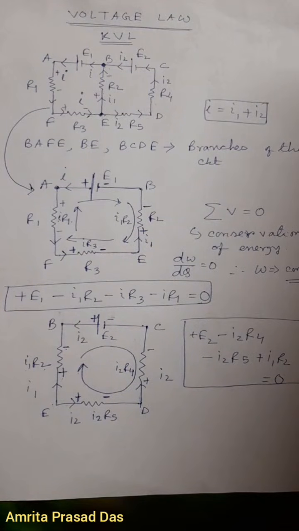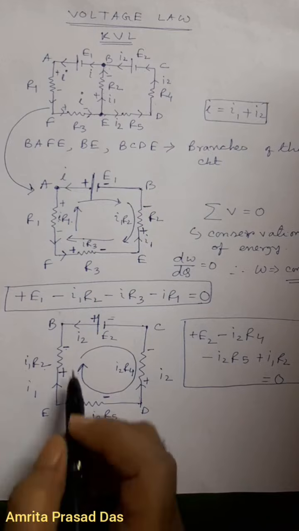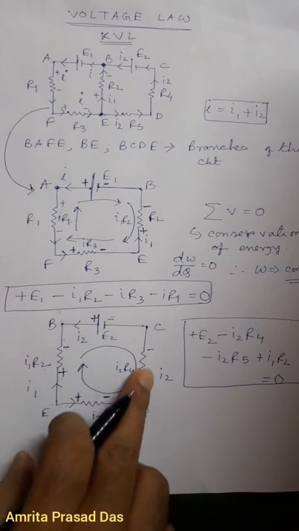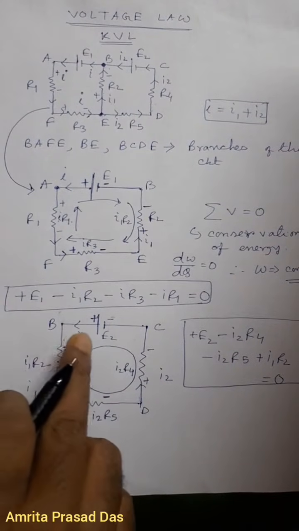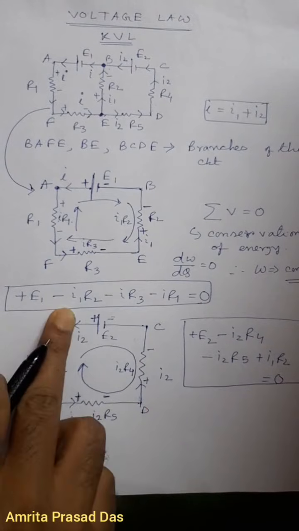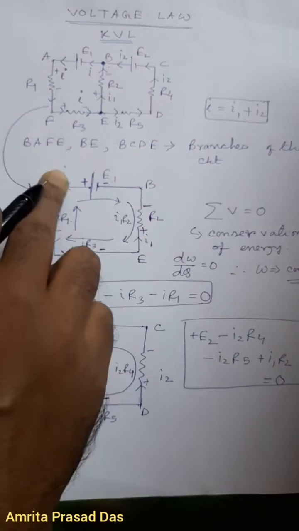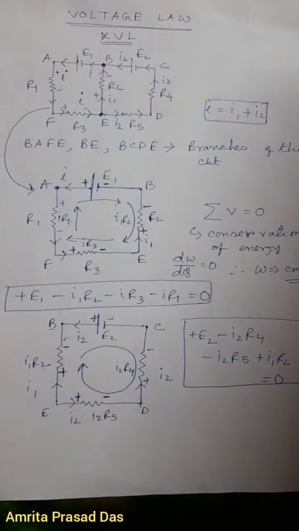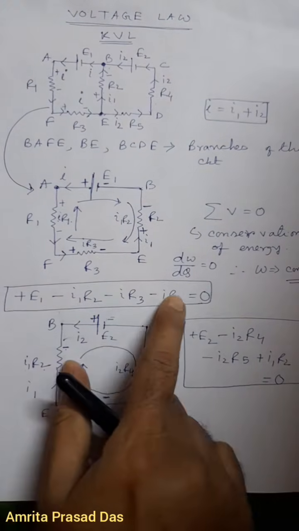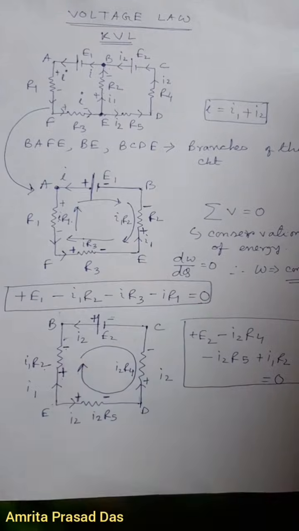Now according to your current division, you can mark the high potential and low potential points. Now you can move through the circuit in the clockwise sense, and beginning from point B you can return to point B, or from A you can return to point A. While you are moving, you pass through each circuit element, note the potential difference across each circuit element like this, and the summation of all these potential differences is 0.